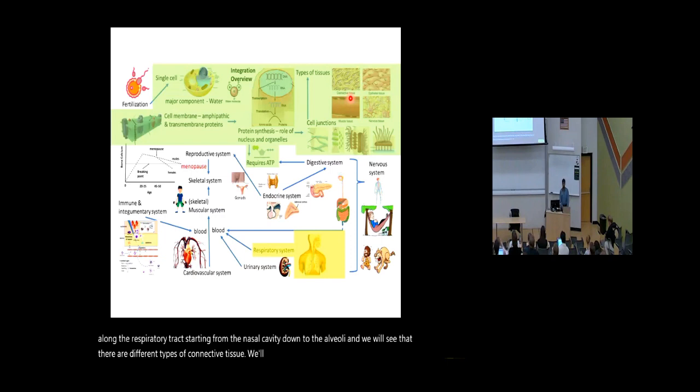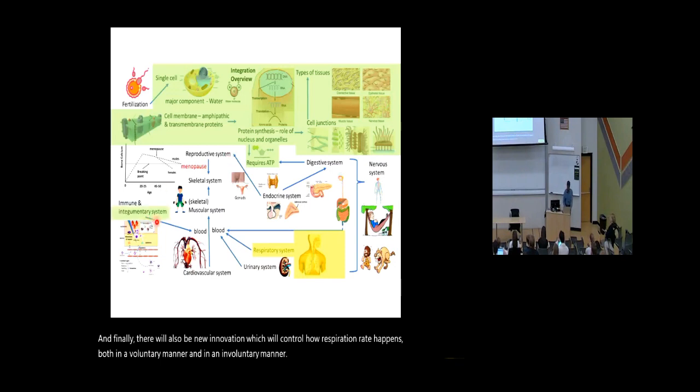You will find the areolar connective tissue supporting the epithelia. We'll encounter cartilage, we'll encounter bones, and we'll see that there are some muscles which are associated with the bones which we encounter in the rib cage. And finally, there will also be neural innervation, which will control how respiration rate happens, both in a voluntary manner and in an involuntary manner.